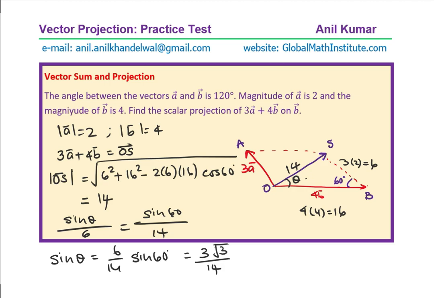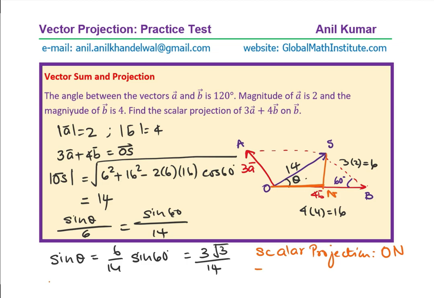Now, to find the scalar projection, we are interested in this value O to N, let us say N. So scalar projection is what? It is ON, right?